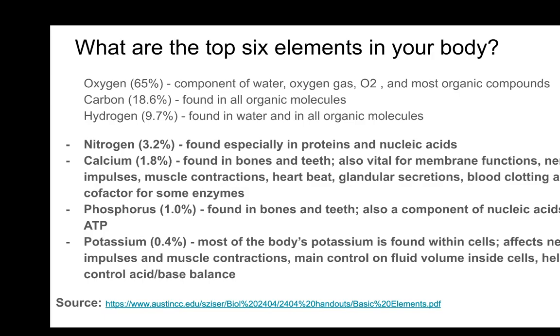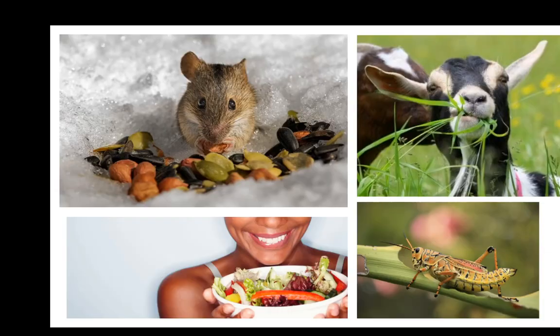But then there's also nitrogen, calcium, phosphorus, and potassium, all essential elements for life. And we get these things through what we eat, right? And so the idea of a nutrient is that it's really any element or molecule that is necessary for life. It depends whose definition you read, but that's just the basic gist of it: any element or molecule that's essential for life that we get from other sources, usually food and the things that we eat, right?